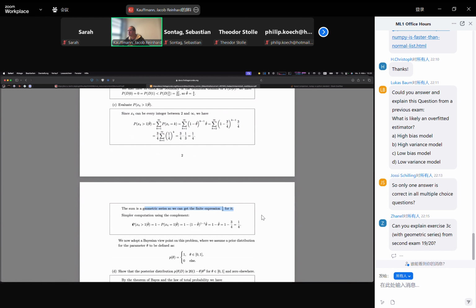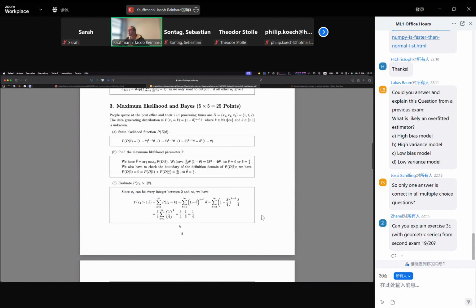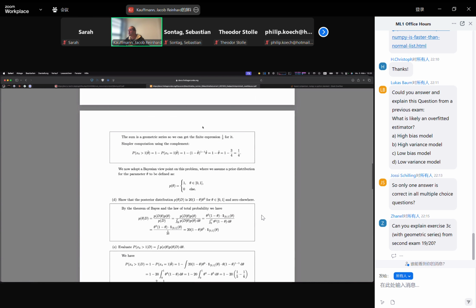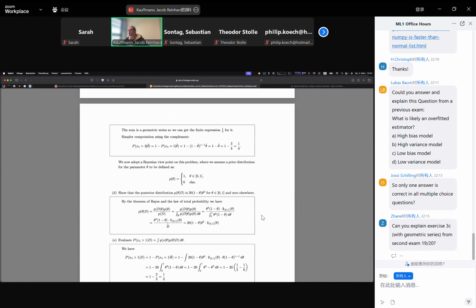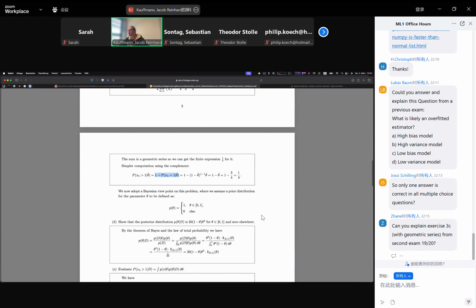I think this is the right approach. K is a natural number, at least 1. And so the probability that something is larger than 1 is just 1 minus the probability that it's equal to 1. And this term is easy to compute.